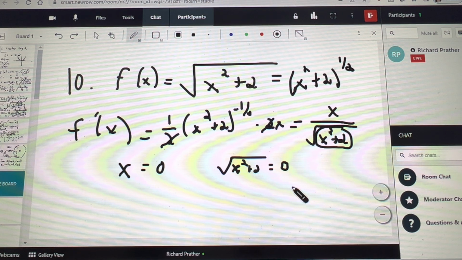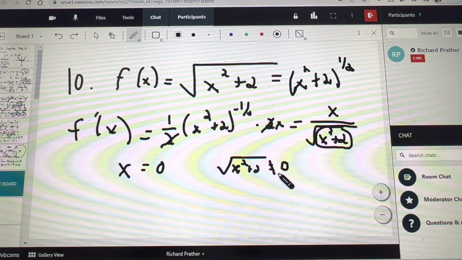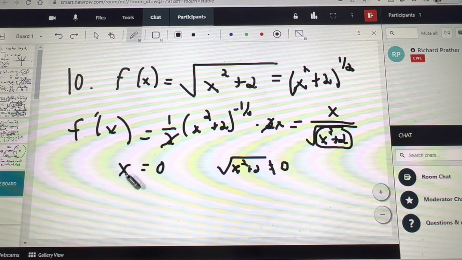Anything that makes the top 0 makes the whole derivative 0. Anything that makes the bottom 0 makes the whole derivative undefined, and all of those x values are critical numbers, unless the undefined ones also make the original undefined, which happens sometimes. But this can never be 0. So the bottom can never be 0. This derivative can never be undefined. It's defined everywhere. I have one critical number, only 0.